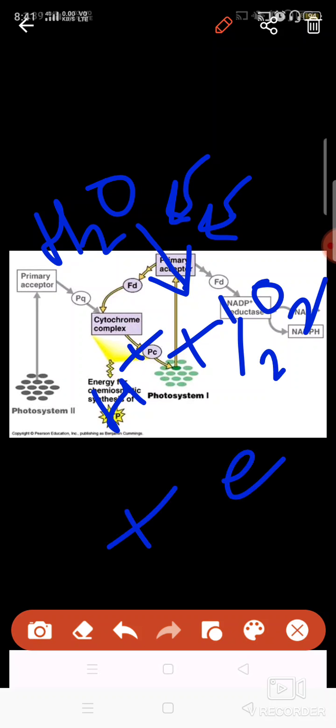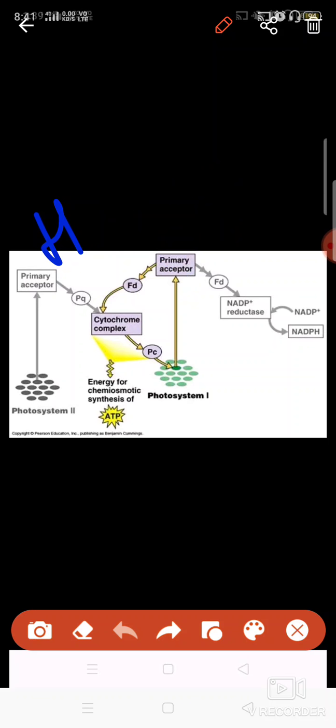When this water molecule absorbs the sunlight or the photons, it gets split into these structures, H plus and electron. Let me write it in a straight line because you will not be able to understand it like this.